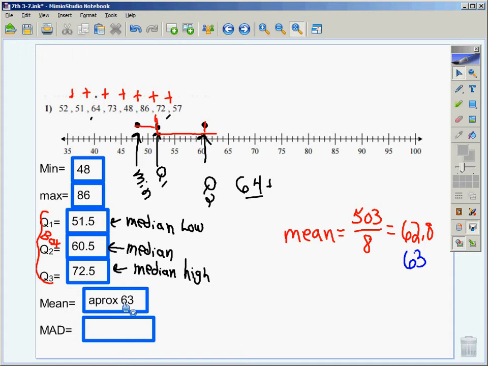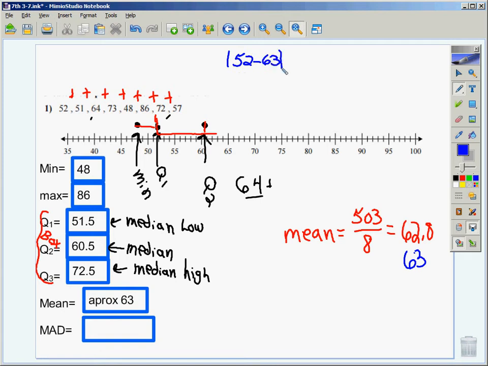How do I find the MAD? Find how far each data piece is away from 63. So the rule would say that I'd take 52 minus 63.